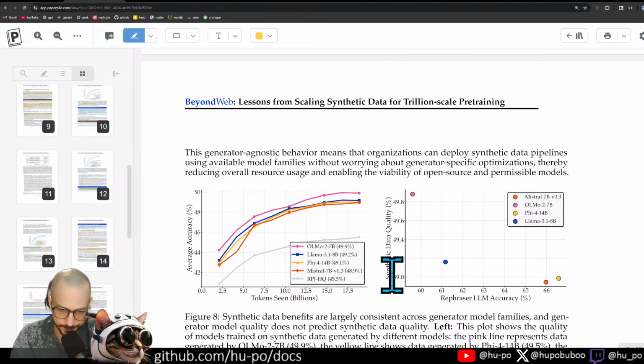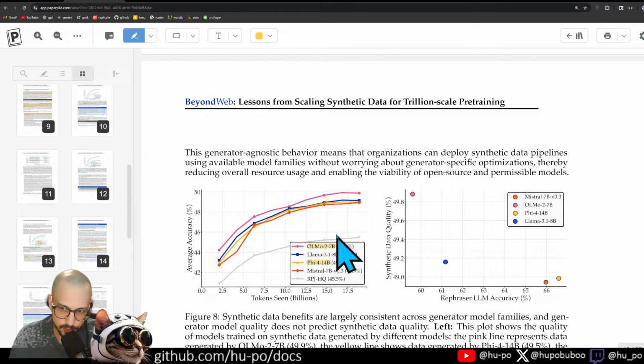They say, okay, we wanted to test whether you change the intelligence of the rephraser model, basically the model that's generating the actual synthetic data given a piece of original seed data. And if you have a 5414B and compare it to an Olmo 27B, right, intuitively, the 5414B is twice the size.